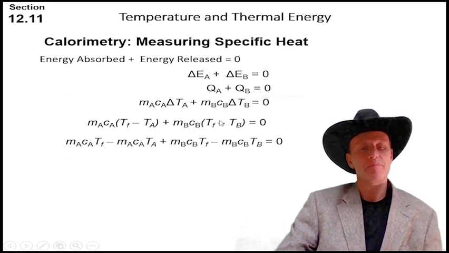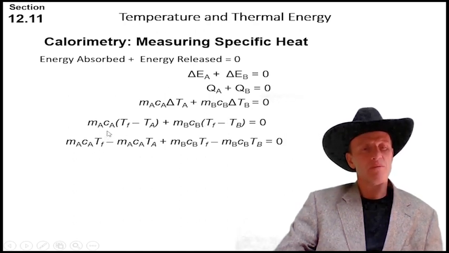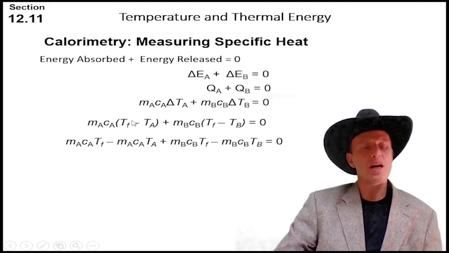If we continued our derivation, we could distribute this mc into this binomial and do the same thing over here. And the goal here is to find a formula for the final temperature, because it is the same for both objects. This data right here on the left side of this plus is for one of the items that you're mixing, and this is the mass, specific heat, and the temperatures of the other item.